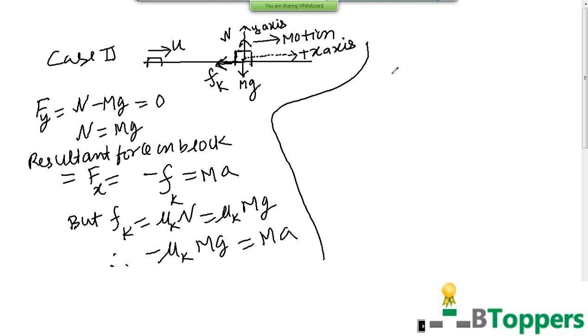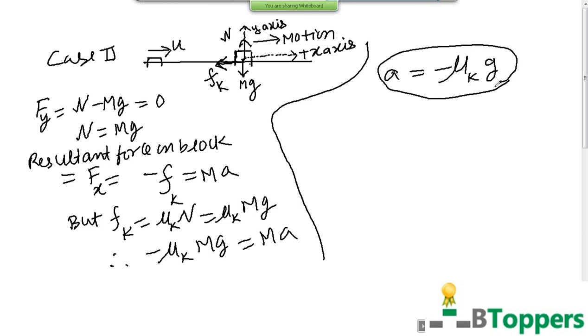Therefore, the acceleration of the block during the retarded motion along the rough floor will be given by a equal to minus mu k into g. You can say the retardation of the block when it slides along the rough floor, when no accelerating force is applied in the direction of its motion while it is moving, is given by mu k into g.